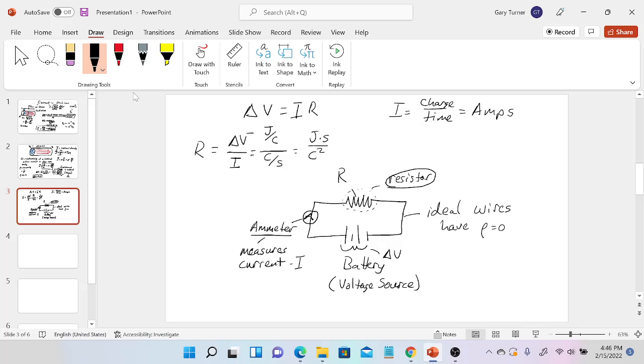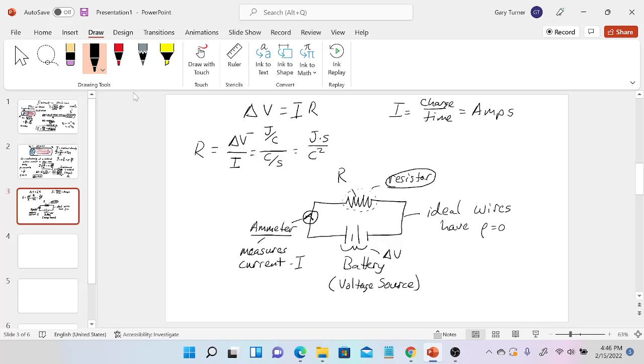And again, I'm not 100% sure if that will give you some intuition, but that is what the ohm is in its not quite base units, because the joule is newtons times meters, or force times distance. But in somewhat pseudo base units, if you will, that gives you what the value of the ohm is.